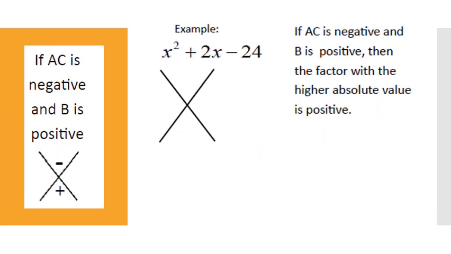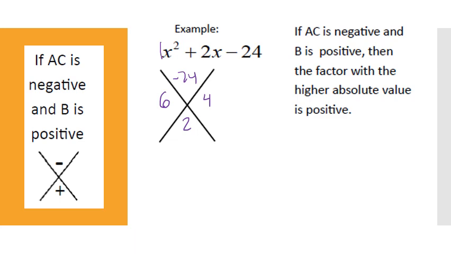That's my solution. Those are my 2 factors. Third example, if a times c is negative and b is positive. Well, 1 times negative 24 is negative 24, and b is 2. In this case, the factor with the higher absolute value is going to be positive. That means the bigger number is positive. Factors of 24 that are 2 apart: 6 and 4.